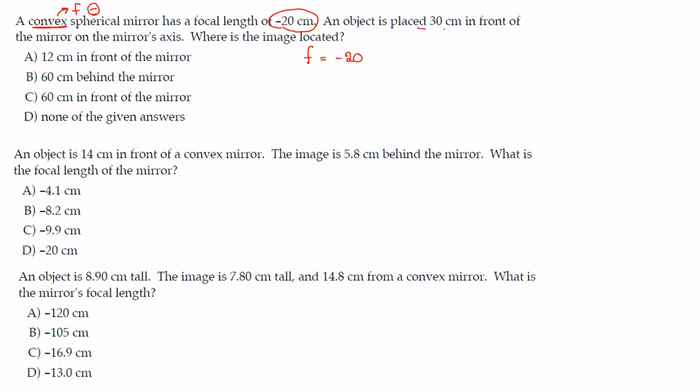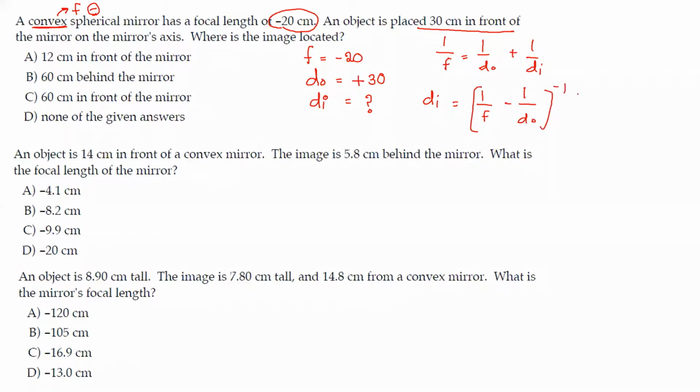An object is placed 30 centimeters in front of the mirror. So D naught is positive 30. They're asking for DI. So 1 over F is equal to 1 over D naught plus 1 over DI. So your DI is 1 over F minus 1 over D naught, inverse.